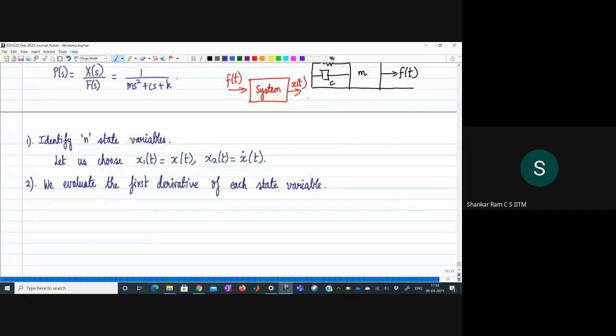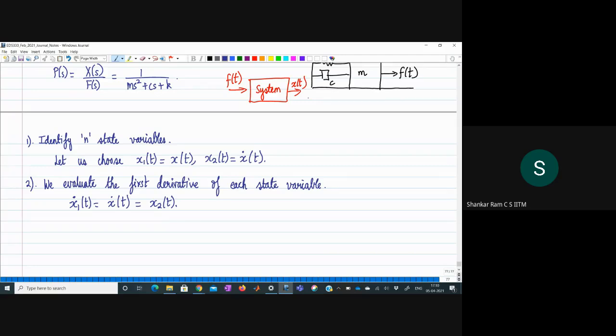We take the first derivative of both these state variables. If we take the first derivative of x1, we get x1 dot of t, which is equal to x dot of t. And immediately we can observe that this x dot of t is x2. So the basic idea is to rewrite the first derivative of each state variable in terms of the state variables and the inputs themselves.